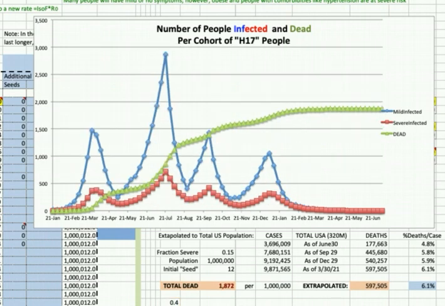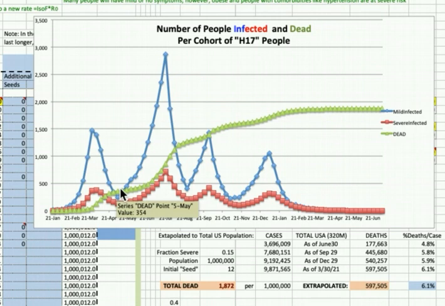Okay, and wow, you see that this peak is even larger. We went from what was 250,000 people dead over here to a great deal more. We're talking about picking up 1/3 of 1 million people just by relaxing early.